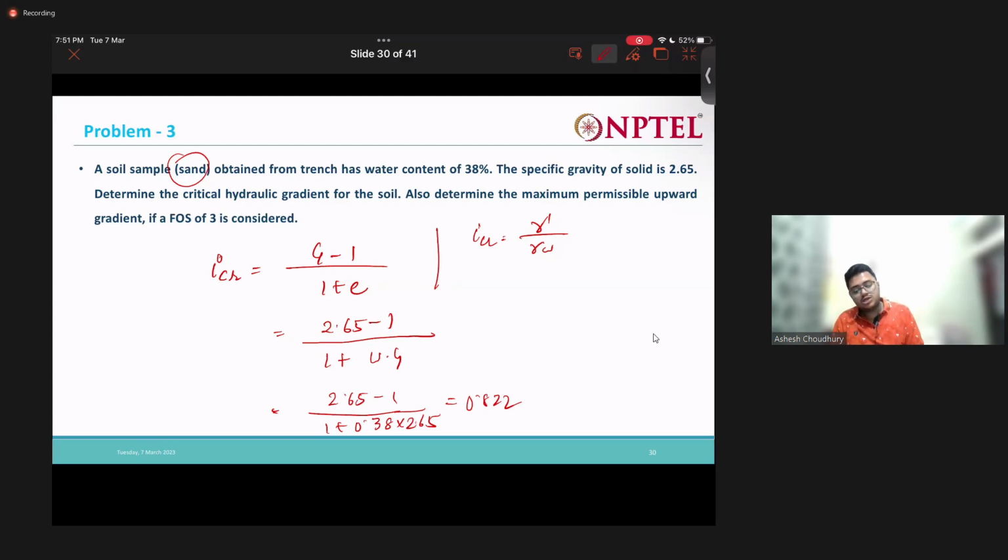Now also determine the maximum permissible upward gradient with a factor of safety of 3. So what should be my maximum permissible upward gradient? I know my critical hydraulic gradient, and my factor of safety is given.